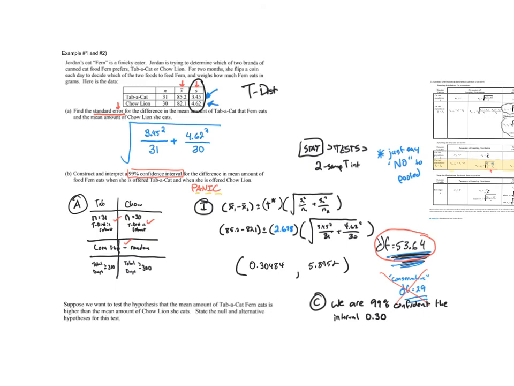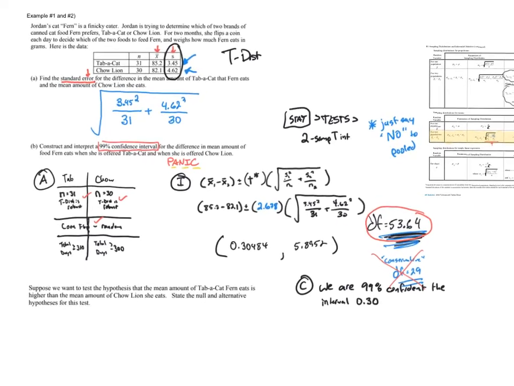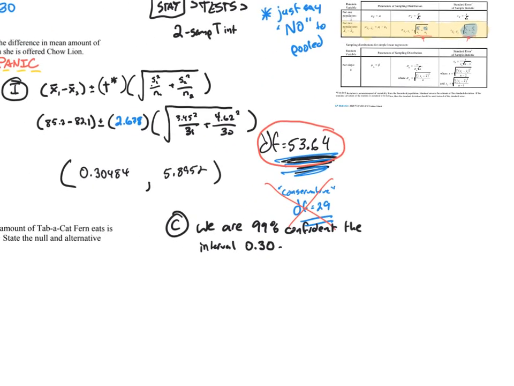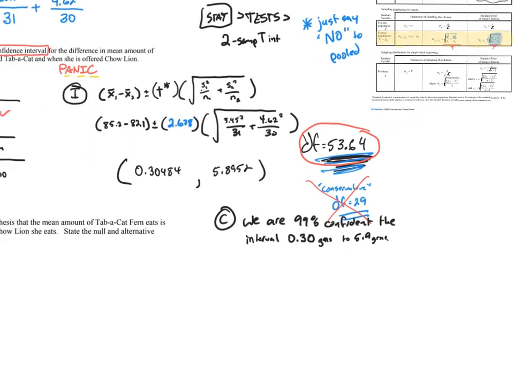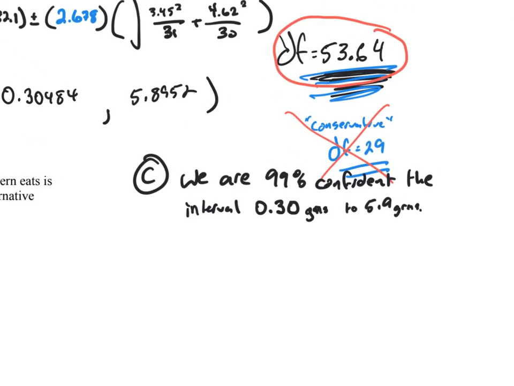Weight in grams. We're 99% confident the interval from 0.3 grams to 5.9 grams captures the true mean difference.